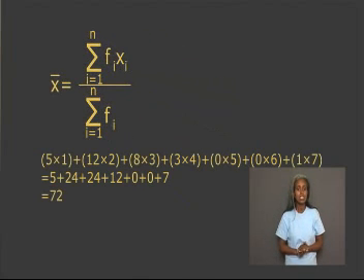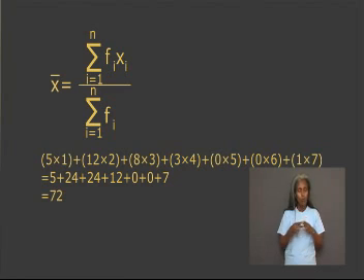The numerator will consist of the sum of each frequency times the number of children. 5 plus 24 plus 24 plus 12 plus 0 plus 0 plus 7 equals 72.